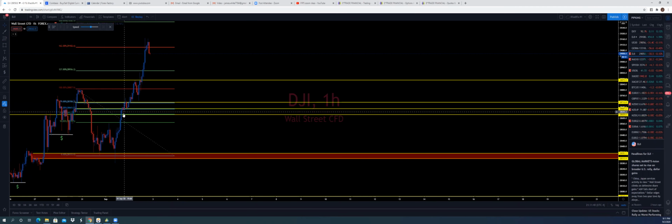Because I actually wanted to get in. I actually had sell limits here. I had my sell limit here. And it came up, took me negative, took me in profit, and then took me negative.